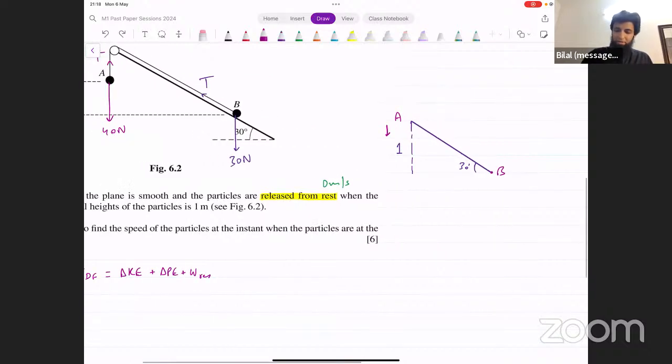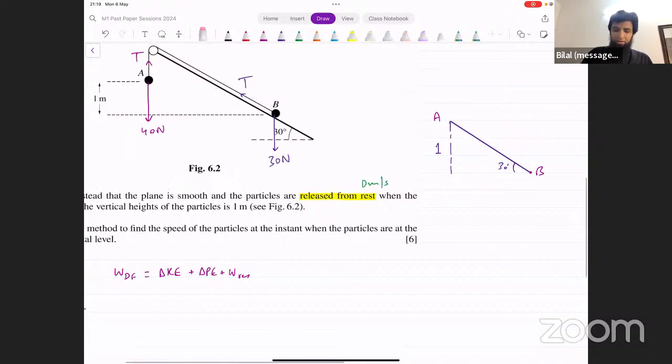What has to happen is, whatever distance A travels downwards and whatever distance B travels vertically upwards, their sum has to equal 1 meter, right? So basically, let's say when A comes downwards, when they come at the same level, let's say A is here, and maybe B is here.